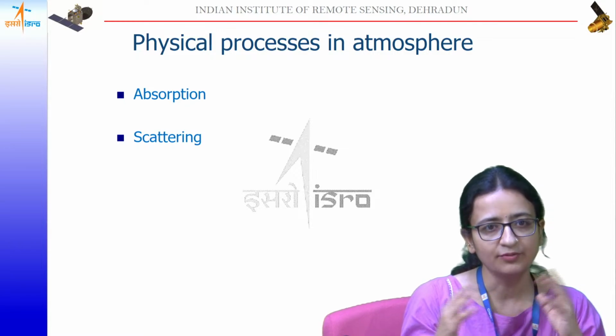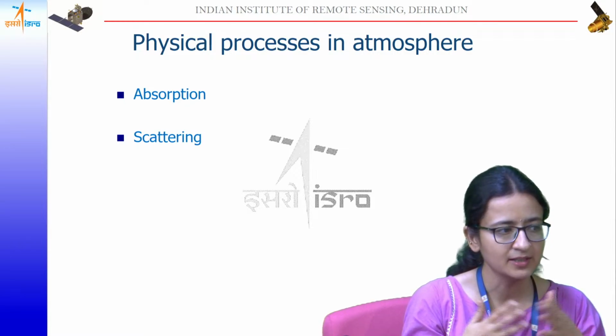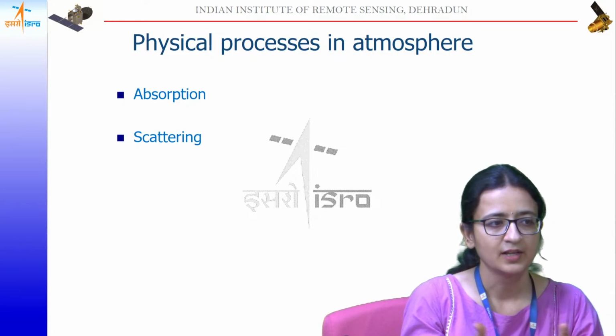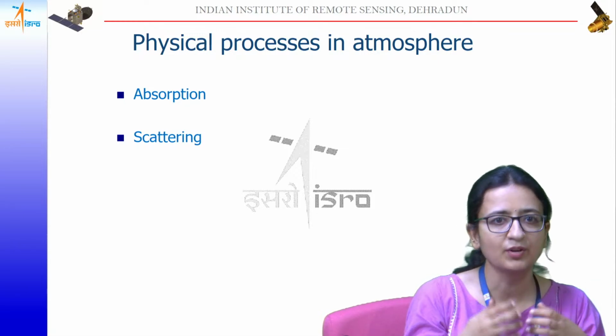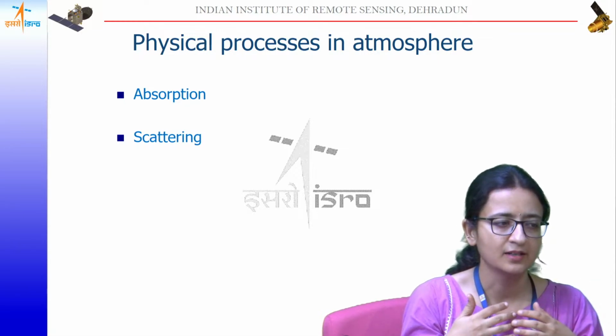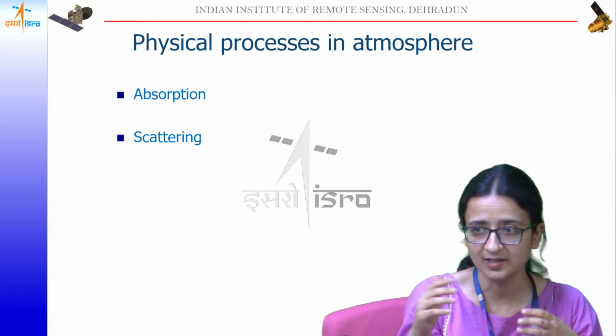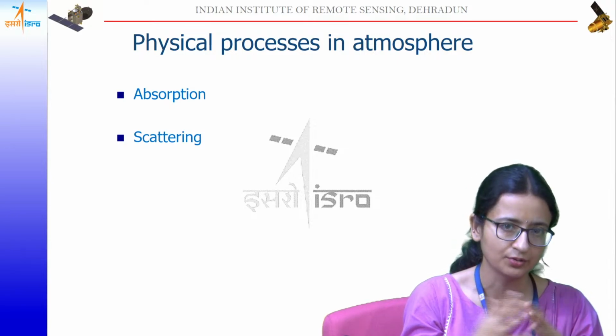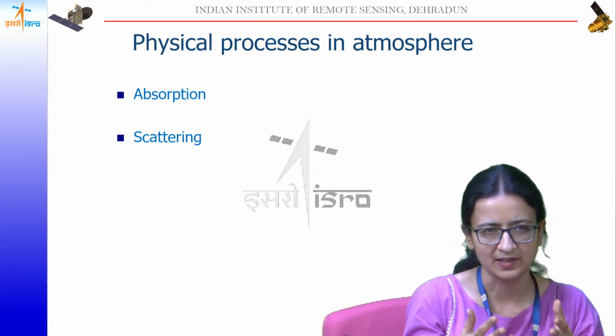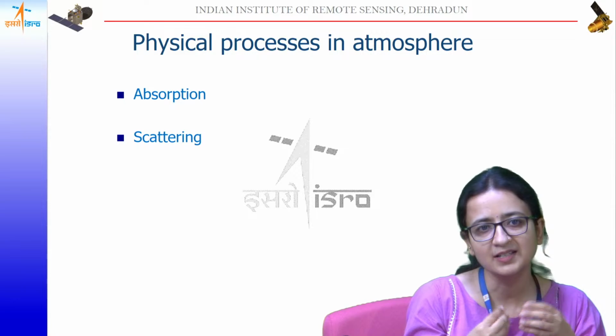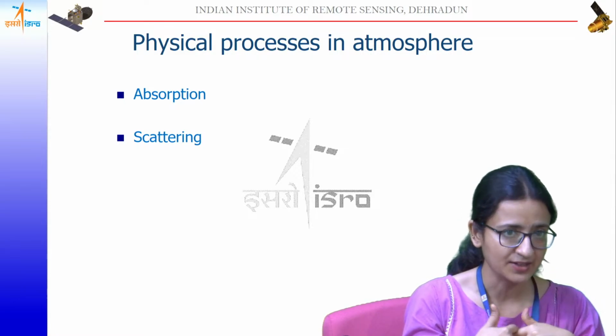For Earth surface remote sensing, that means let's say you want to take a picture of Earth's surface, that time the atmosphere alters the signal both while incoming as well as outgoing. So it behaves as noise. This noise can manifest itself in terms of absorption and scattering.